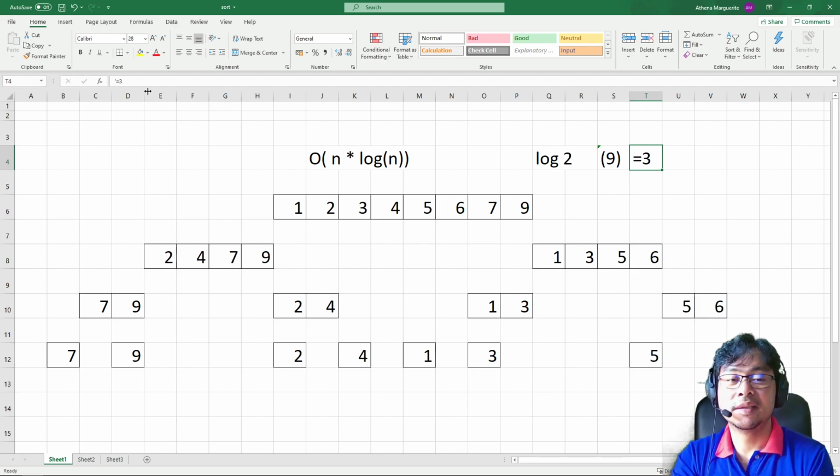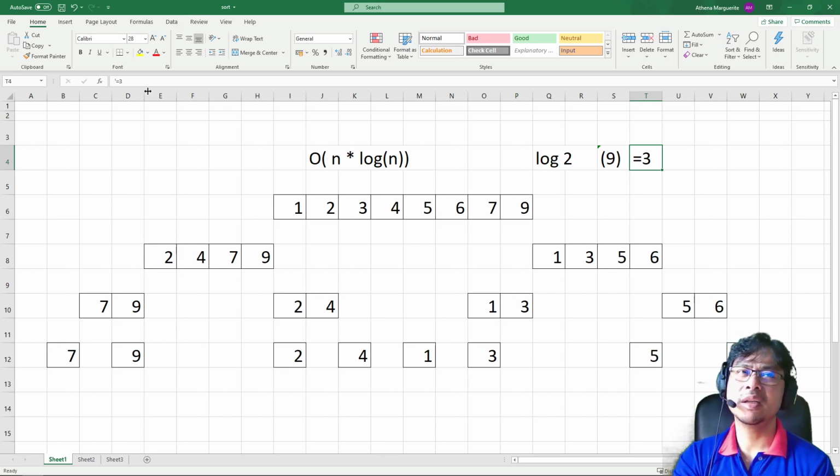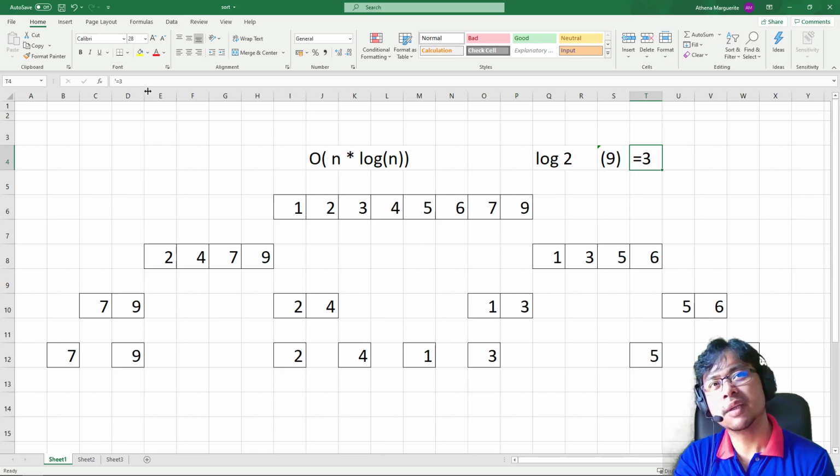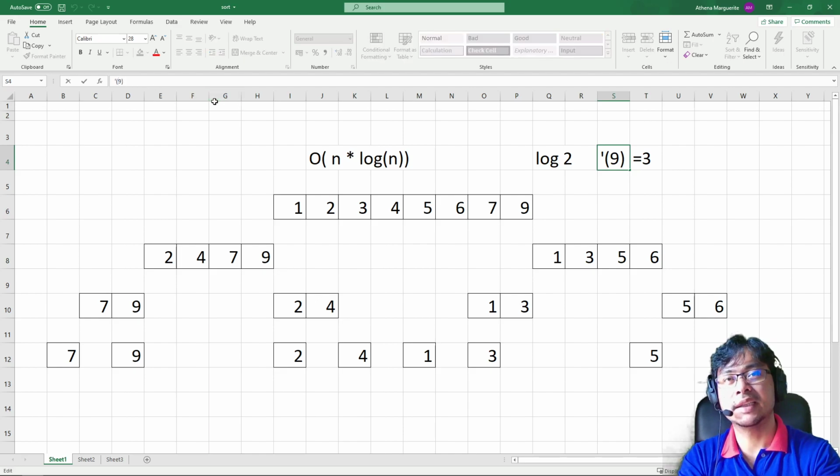It's around 3 point something, 3.1718, I'm not sure. But since we are dealing with whole numbers, you truncate it. So log base 2 is still 3 if n is 9.